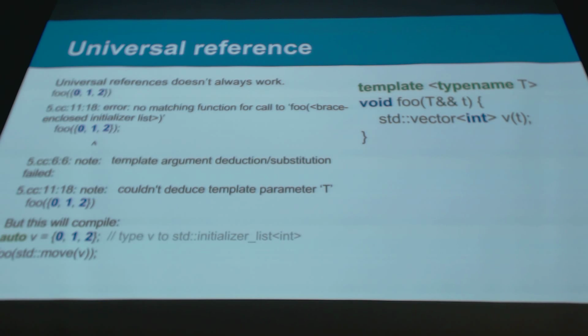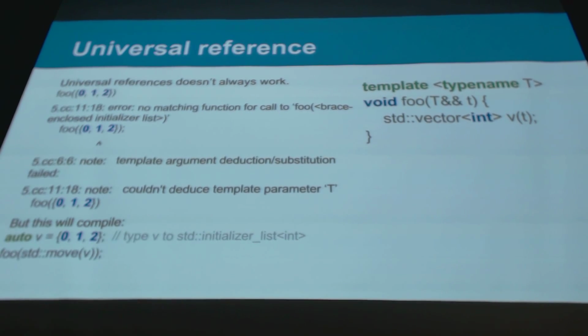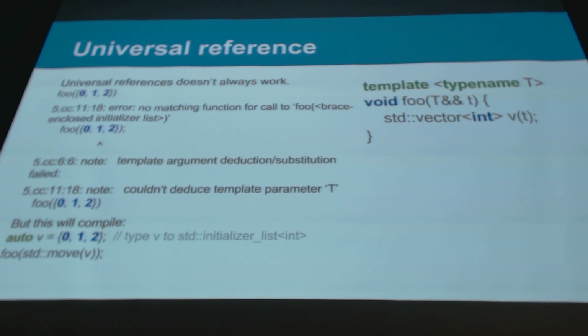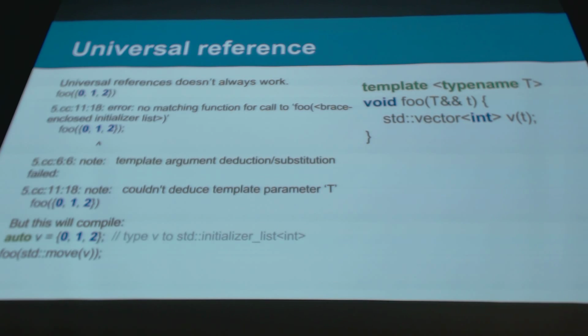The compiler will say that it cannot deduce the type of the brace here, because a brace like this doesn't have a type. This is very weird, but you can imagine that we are using the same syntax to make some struct, to put things inside a struct, right? So then it doesn't have any type.